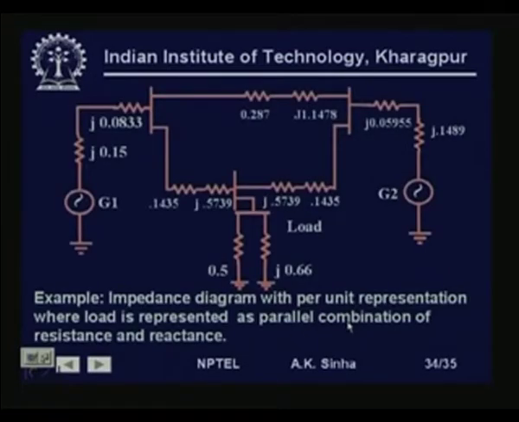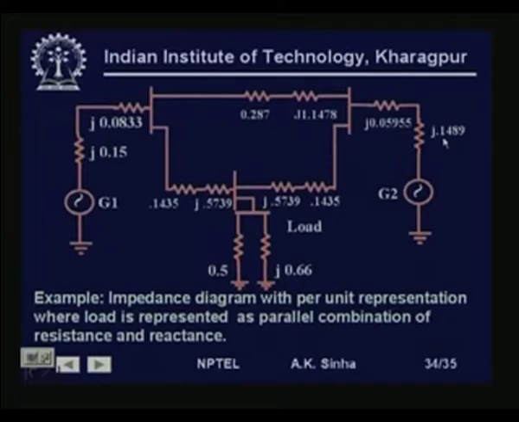And therefore, if we put all these impedance values on the single line diagram, then we get this network diagram. The generator with its impedance at j equal to 0.15, generator G1. Then we have the transformer impedance, then the transmission line impedance. This is the other transmission line, this is the transformer impedance, and this is the generator impedance.